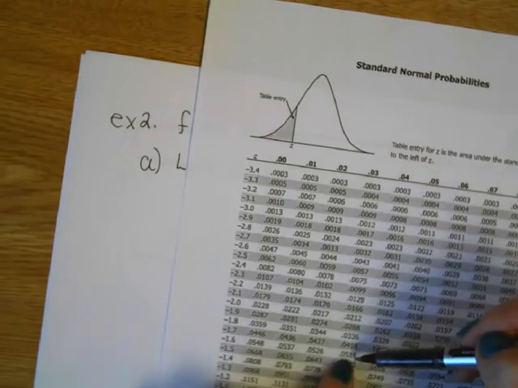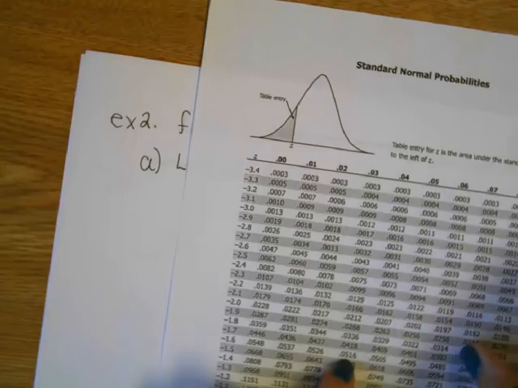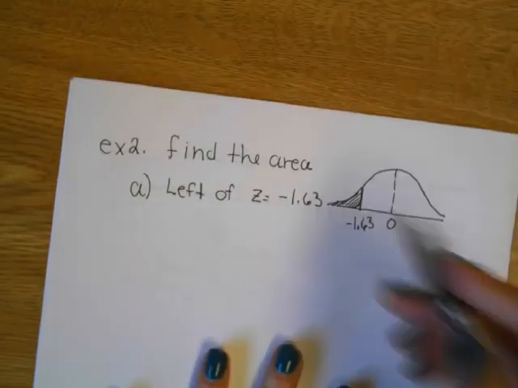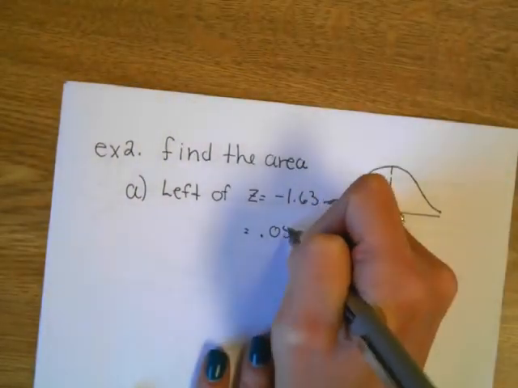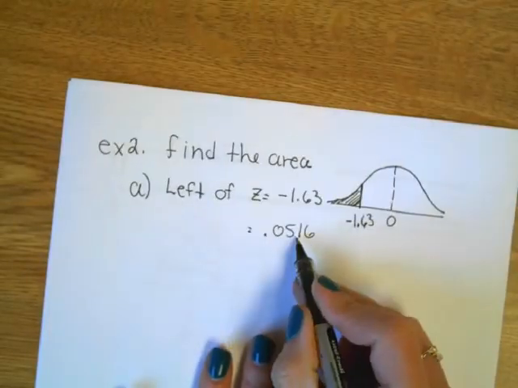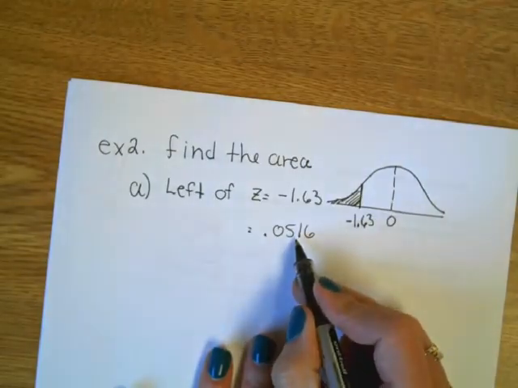Found a number. So how much area is behind it? 0.0516. So just over 5% of the graph is shaded behind it. So 0.0516. Good? Everybody good? Yep. So this area is 0.0516. So that's a little over 5% of the graph that's shaded.